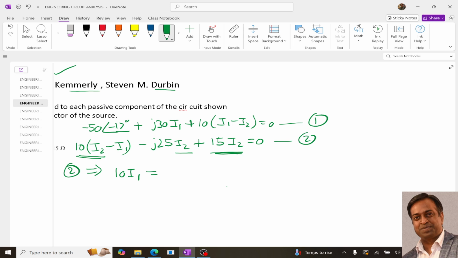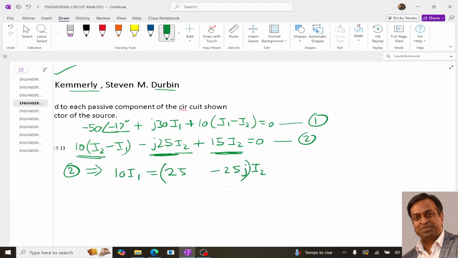Let me check that I have done everything correctly. Yes, so I can take I2 as common, and this I get from the second equation.